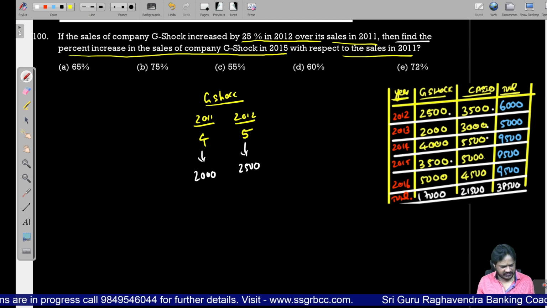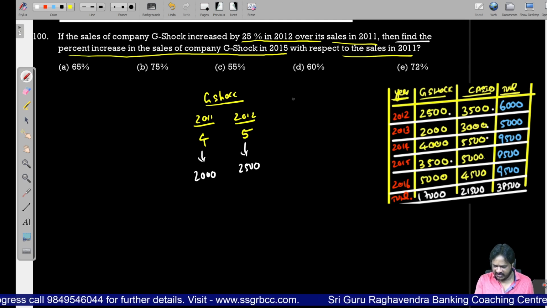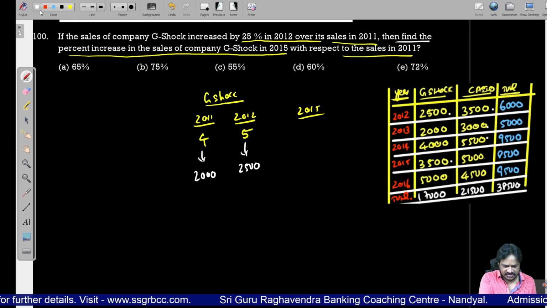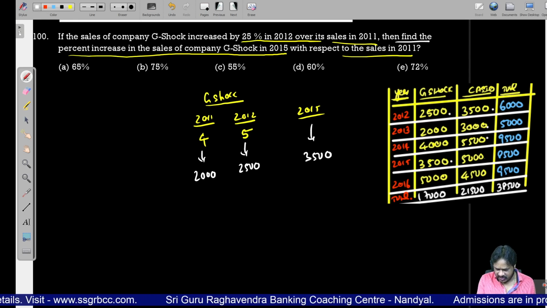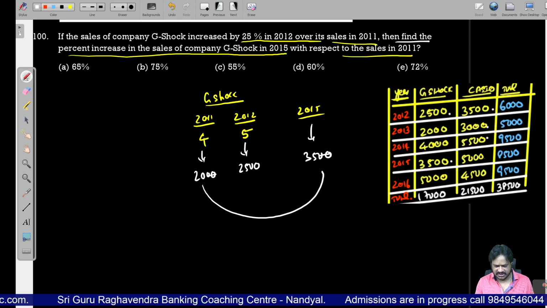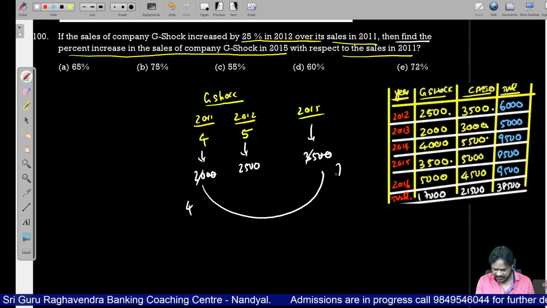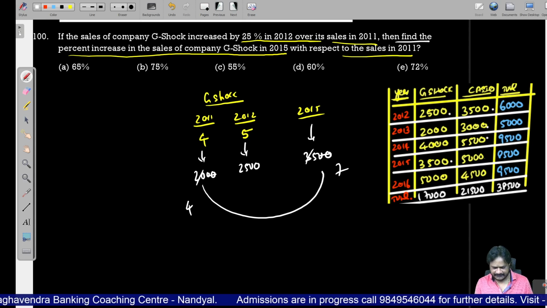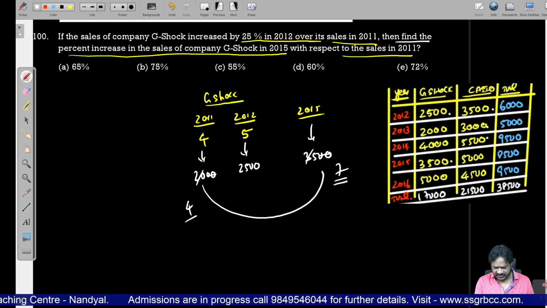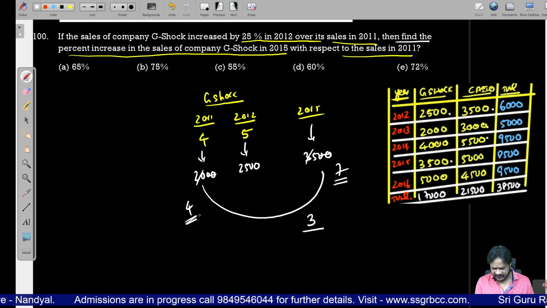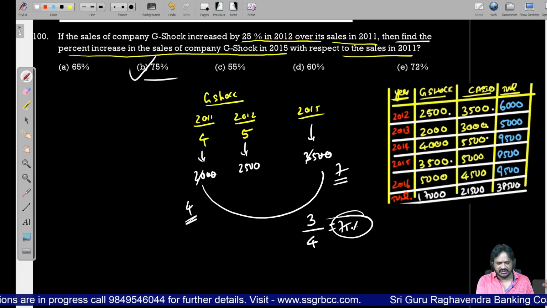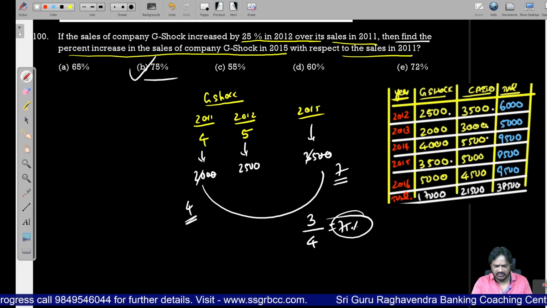So 15 value G-Shock in 2015 is 3,500. Now we have to compare 11 and 15. So two zeros cancel. 5 fours, 5 sevens. Find the increase in sale. So 7, previously it was 4, now it is 7. The increase is 3. From where it has been increased? 4. So 3 by 4 is always equal to 75%. Option 2 is the correct answer. Next question.